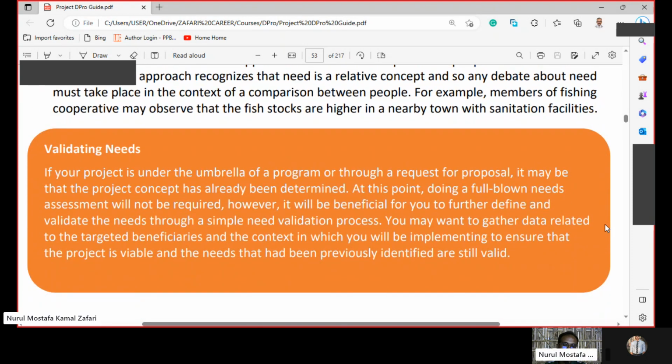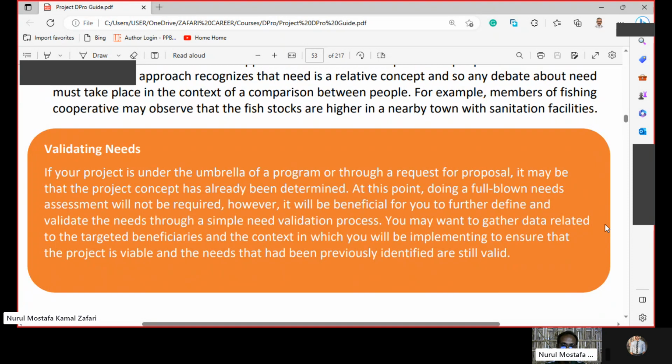Validating needs. If your project is under the umbrella of a program or through a request for proposal, it may be that the project concept has already been determined. At this point, doing a full-blown needs assessment will not be required.